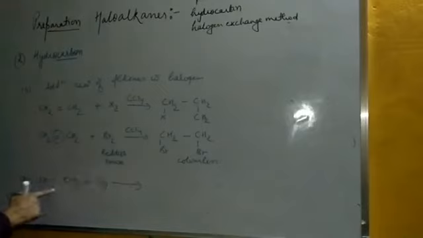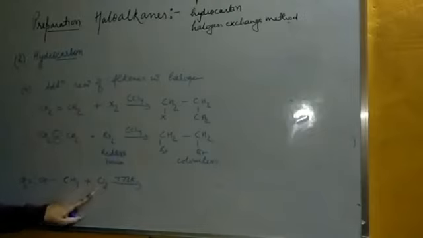Now when the halogen, let it be chlorine here, reacts with this alkene, what is going to be the product? When the temperature is high, nearly 773 Kelvin, chlorine will not undergo addition reaction.